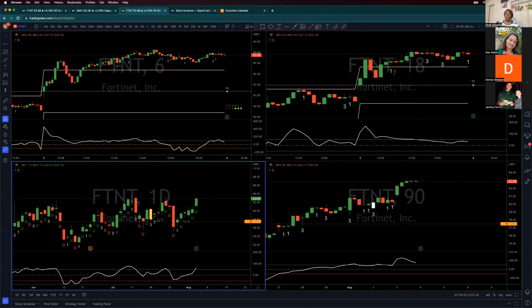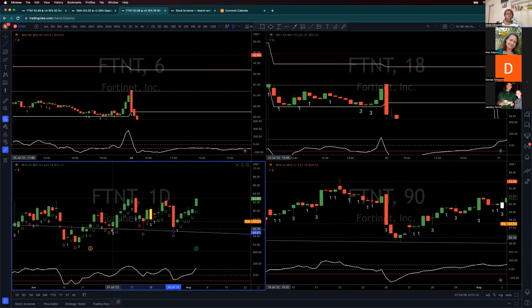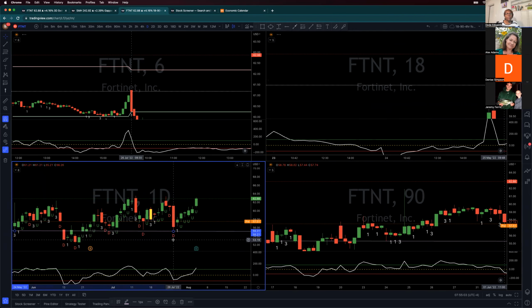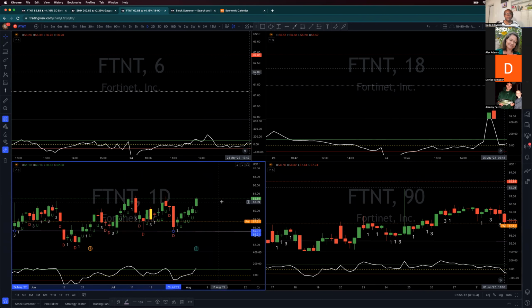All right, we will draw our broadening formation on this guy. So I would be 55.21, 55. So I look at this as my target. It looks like it's going to be a major gapper here, 62 for Fortinet. Let's see what its average daily range is.